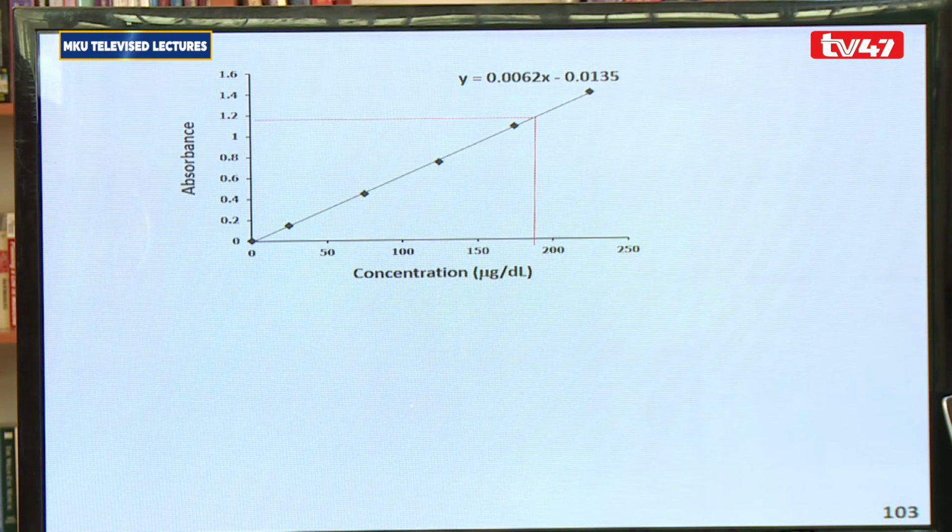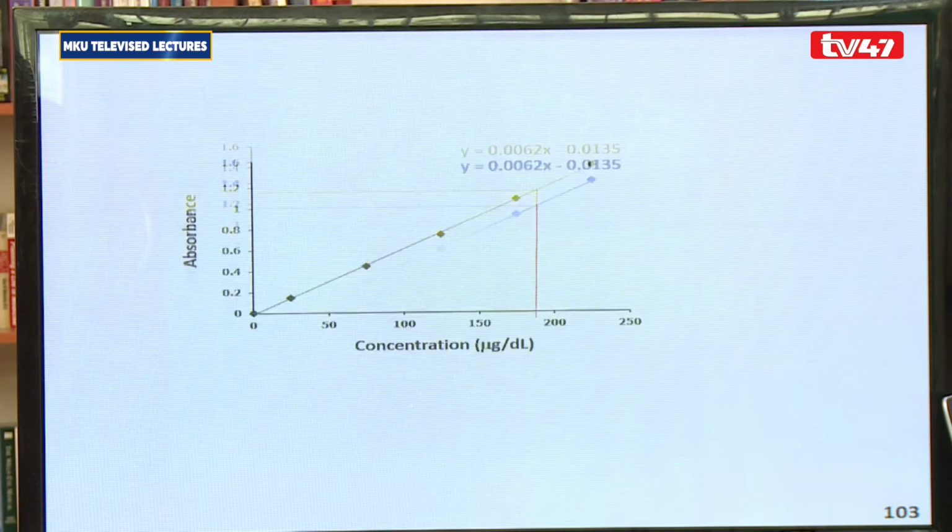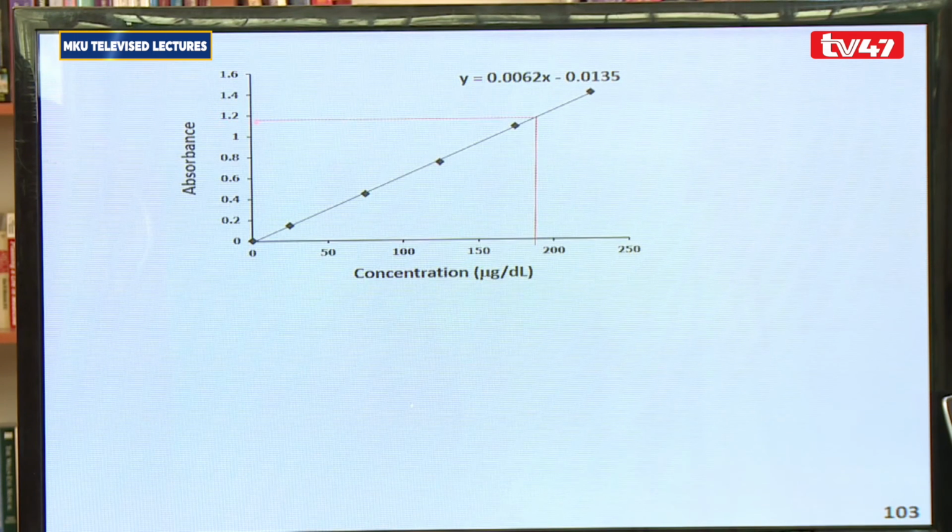And you can see what we've tried to do. We've just tried to take the absorbance of the patient, assuming we didn't have the equation of the trend line, and we are trying to interpolate the graph to get the concentration of the patient, and we can see the concentration is going to lie around here.